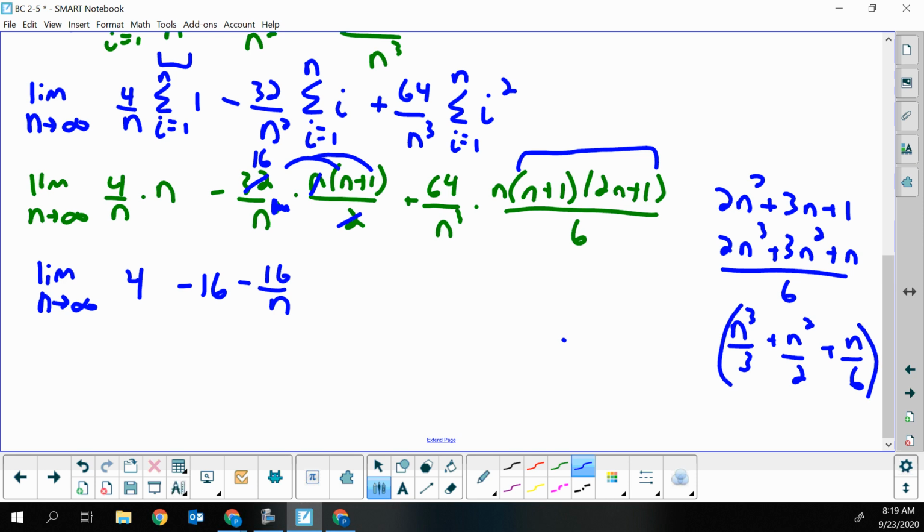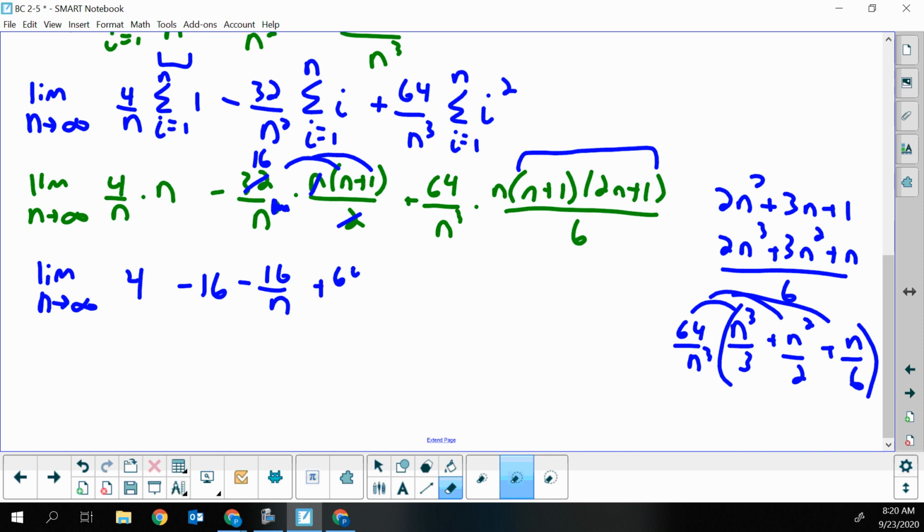And we then have to distribute through the 64 over n cubed, and that's what we're going to fill in next in the equation. So 64 over n cubed times n cubed over 3, the n cubes will wipe out, and you just have 64 thirds. 64 over n cubed times n squared over 2, two of the n's will wipe out, so you still have an n on the bottom, and then 64 over 2 is 32.